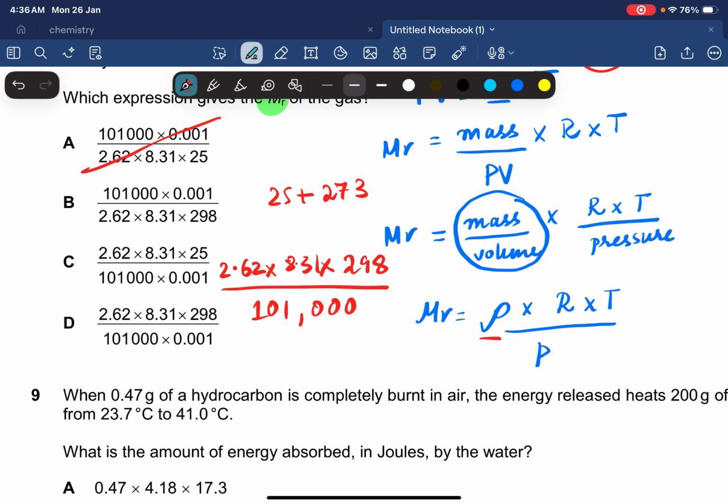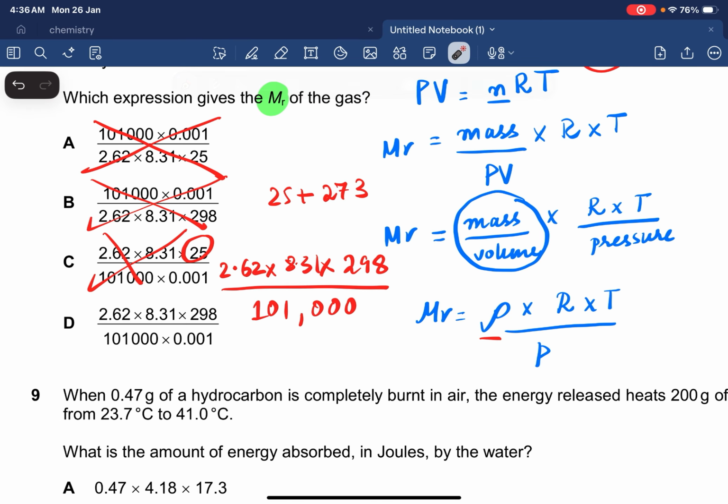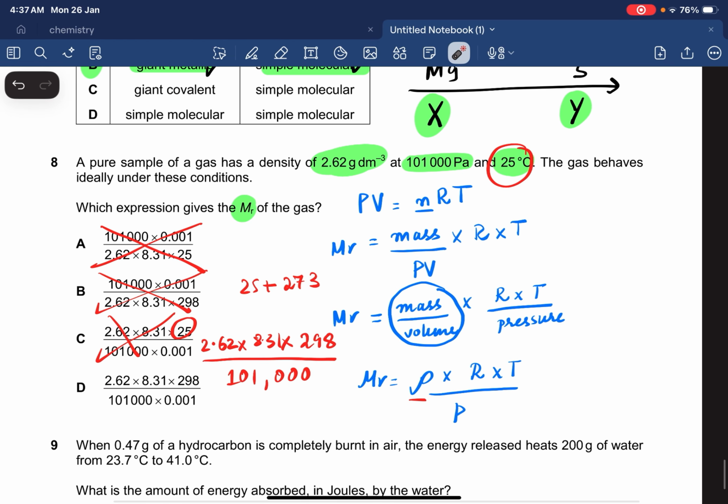So this equation is wrong, because the temperature is taken in degrees Celsius. We have to take it in Kelvin. This equation is the only correct one. The only thing that might disturb you is this value. What is this? They're trying to convert your gram per dm cube into gram per meter cube.